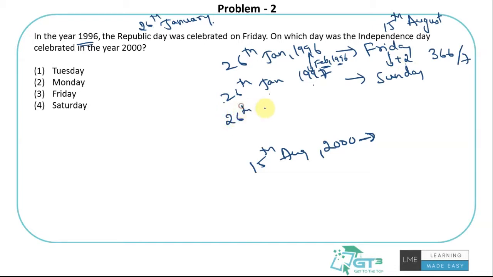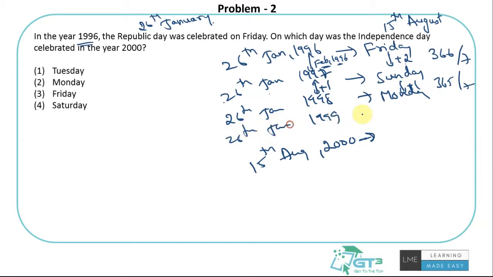Similarly, 26 January 1998 will be Monday because 97 and 98 are not leap years, so it will be just plus 1 as an extra day because I will have only 365 days between them. Similarly, 26 Jan 1999 would also be plus 1 because both of them are not leap years. February of 1998 is included and that is not a leap year.